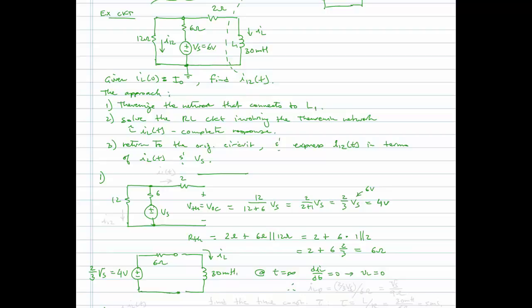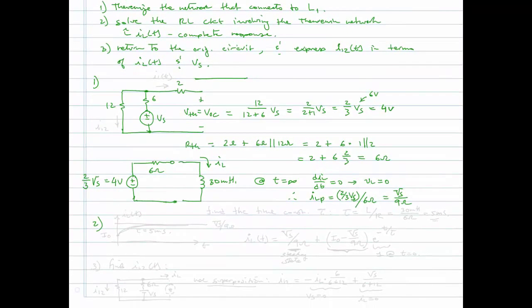And so therefore, the current IL, the particular response, the steady state response, is then going to be just 2/3 of Vs, our Thevenin voltage source, divided by 6 ohms. Okay, so that'll be Vs over 9 ohms.